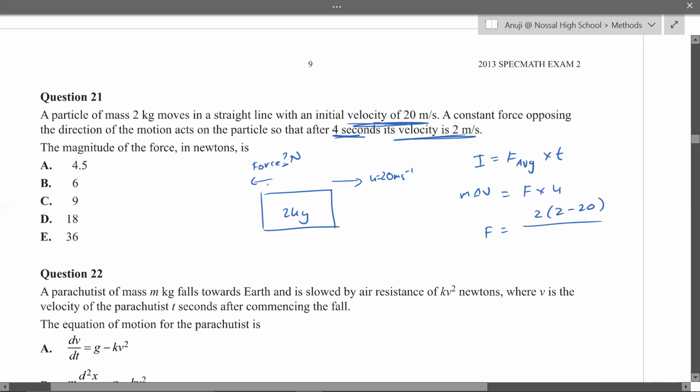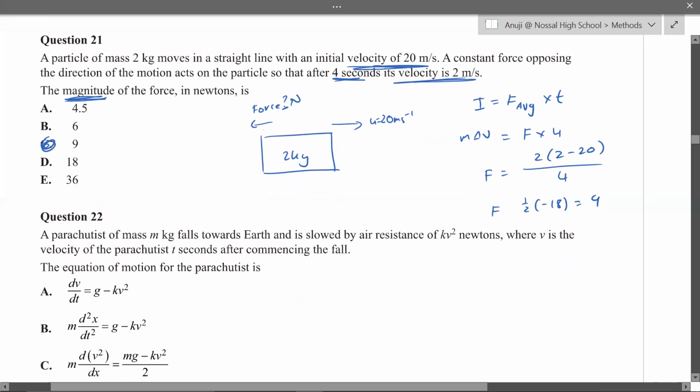And that makes sense because the force is opposing the velocity, so it makes sense that the answer is negative. And divided by 4, so it's just half of 18, which is 9. And it's only asking for the magnitude, so it makes sense that all the values are positive, but in case they had negatives to trick you or something, it's important to read the question.